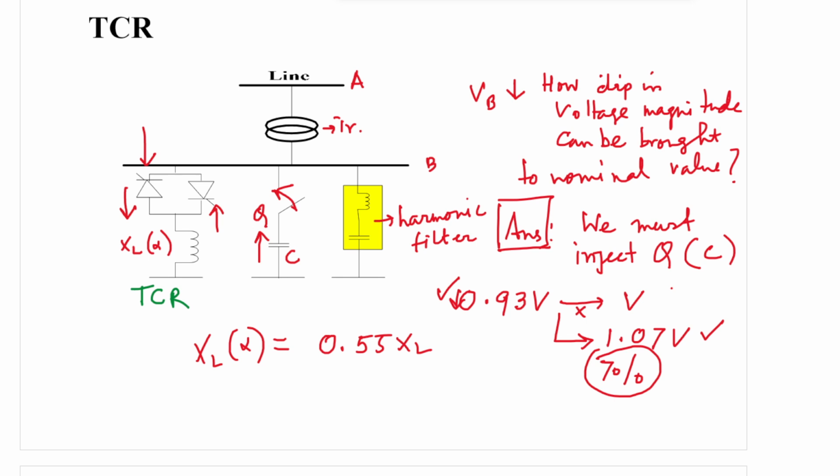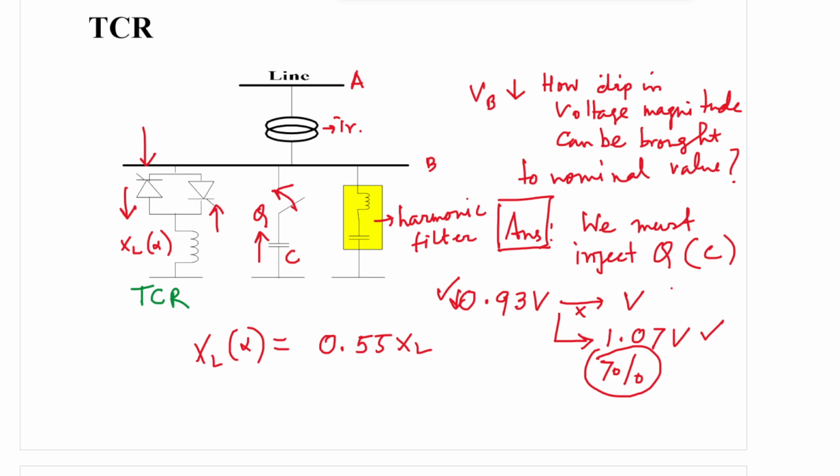So in this way, a capacitor can inject a fixed amount of reactive power, that is very good, but that does not guarantee that my voltage will become the nominal value. It can go below nominal value, it can go above nominal value. If it is above nominal value, how can it be brought again to the nominal value? By using this TCR.